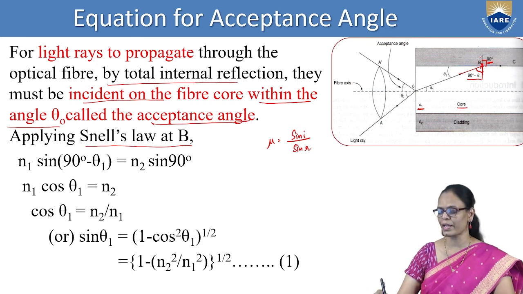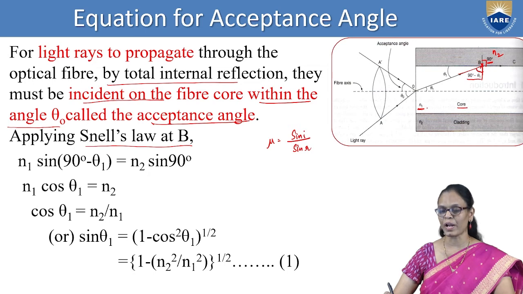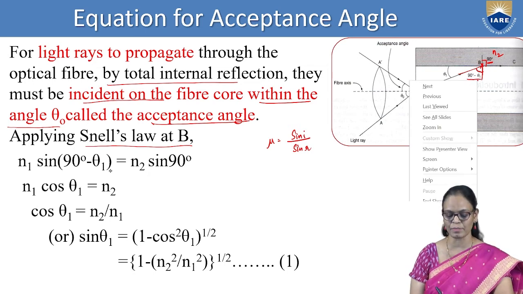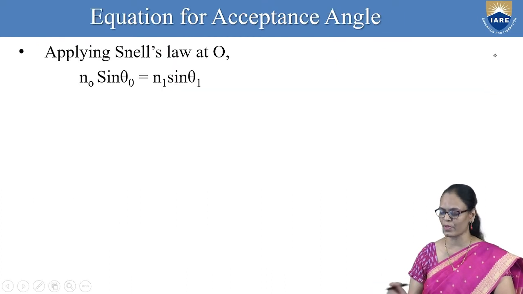The refractive index here is N2. So how do we write Snell's law? N1 sine(90 minus theta 1), the refractive index multiplied by the sine of the angle at which it is incident, that is 90 minus theta 1, is equal to N2 sine 90, where N2 is the refractive index.